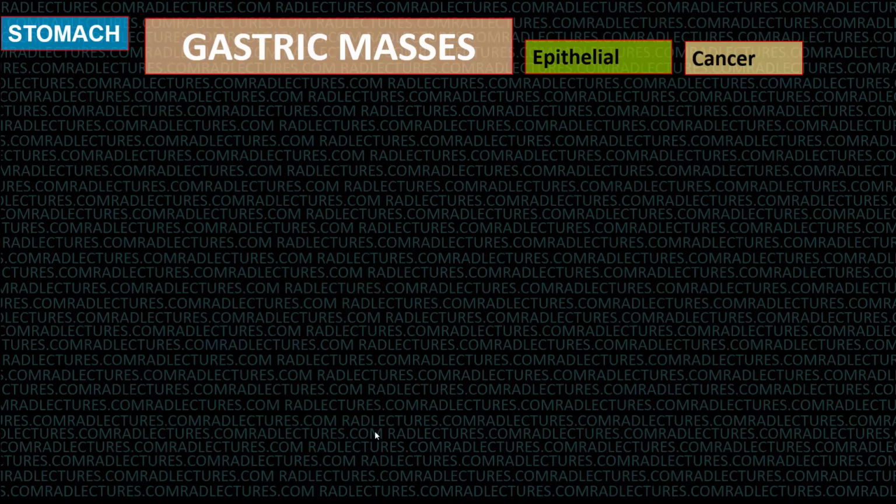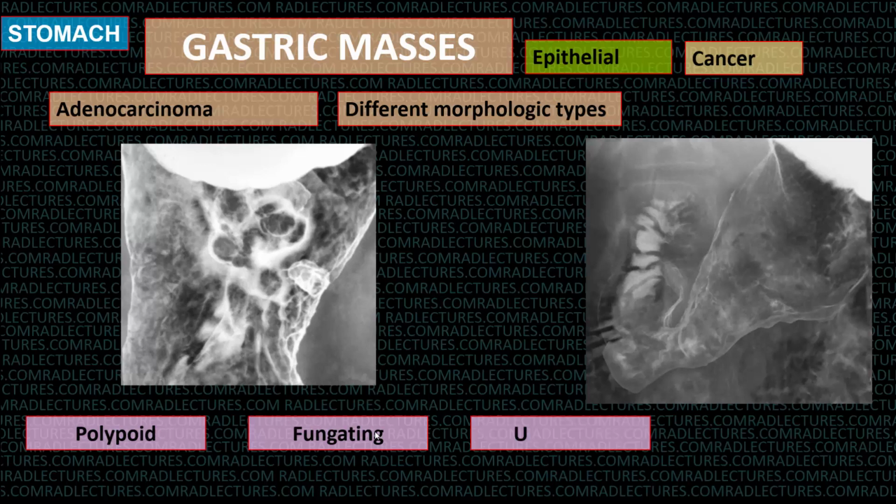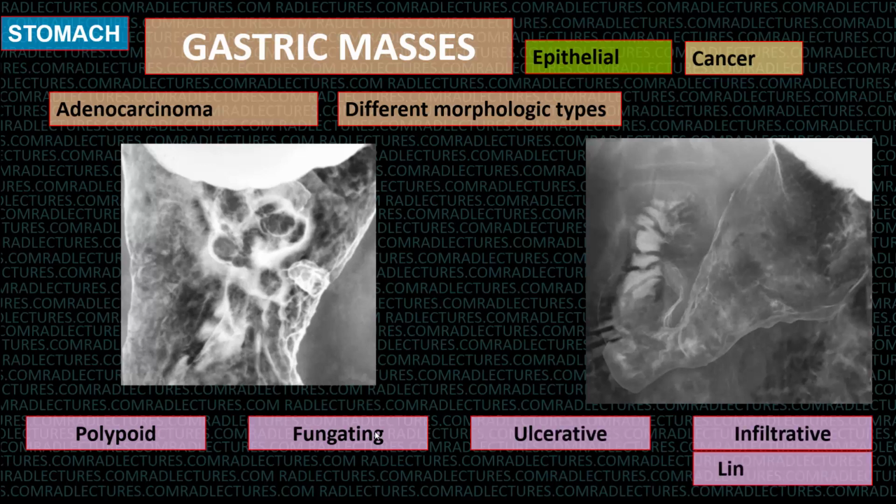Cancers of the stomach are adenocarcinomas, and there are different morphologic types. So they can be polypoid, fungating, ulcerative, or infiltrative, which is also called the Linitis plastica. Polypoid and fungating are very similar. And in this case, you can see that there is again a polyp, but it is irregular.